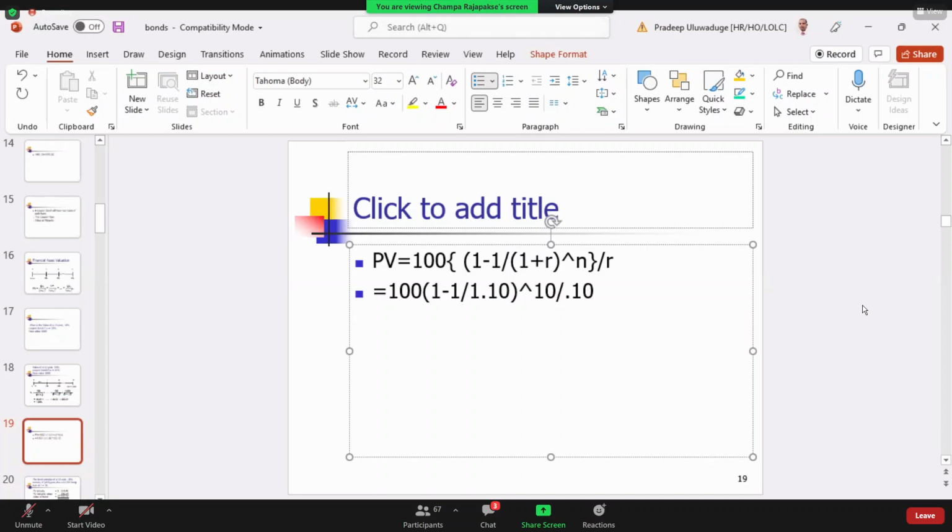When you simplify this, you get the present value interest factor for the annuity. Multiply it by 100 and then you get the present value of the coupon payment.